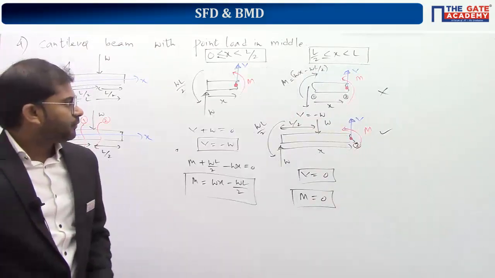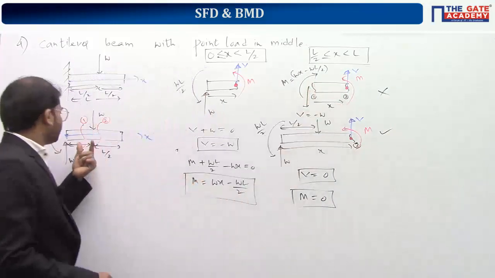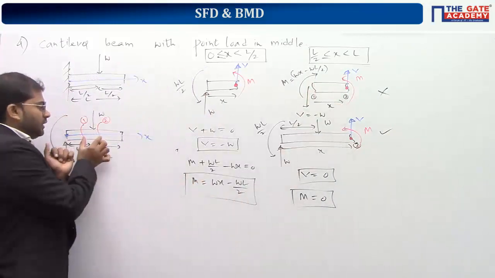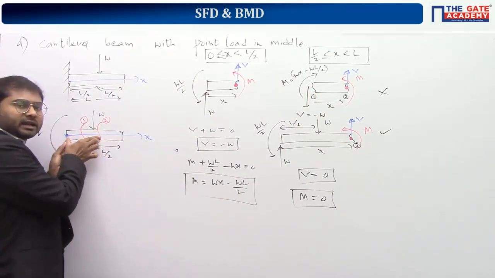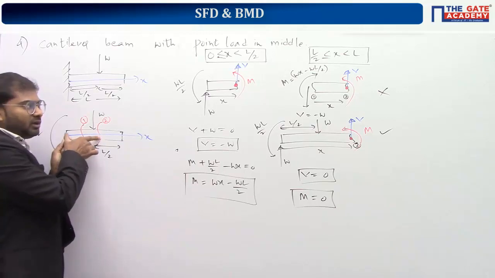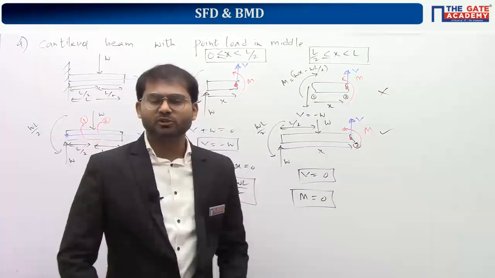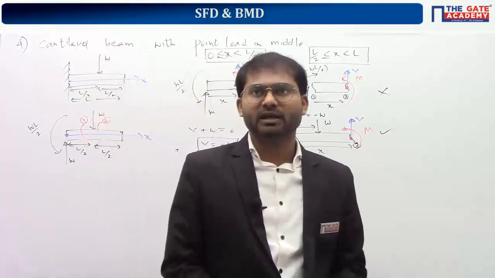Everybody understood? What I did was, instead of dealing with this diagram, which is from here to here, I took the whole left part of the second cut. Instead of taking till here only, I am taking the whole thing. But whether I take this one or this one, the second cut is included, because at the end my objective is to get the value of shear force and bending moment at the second cut.